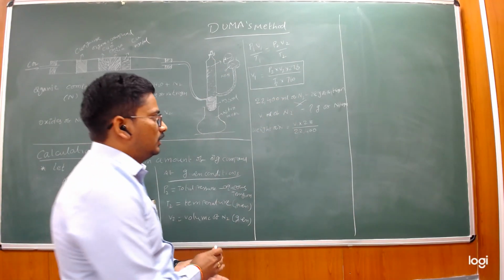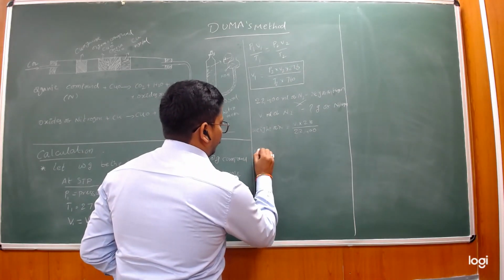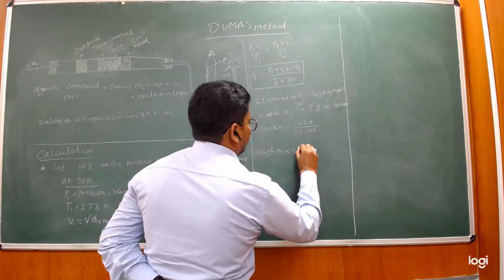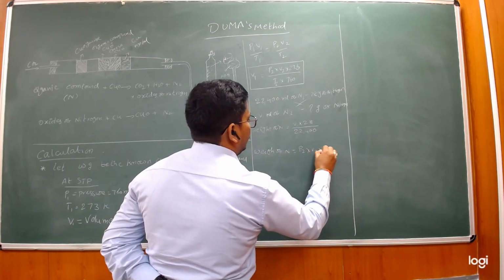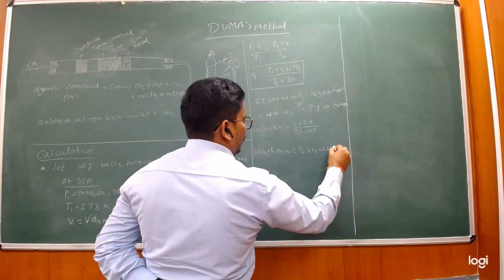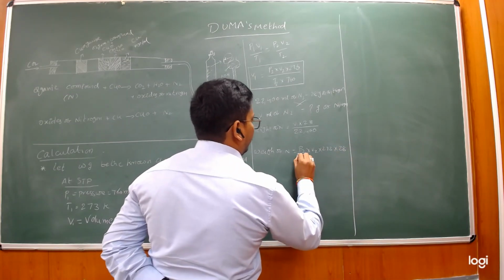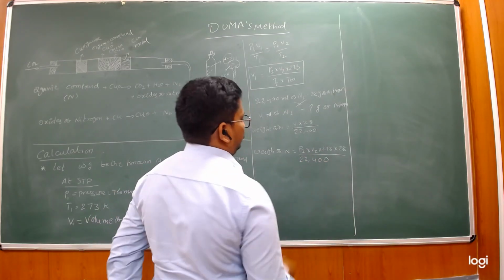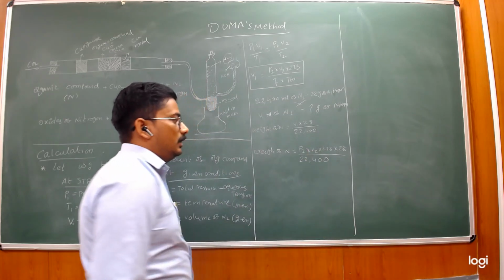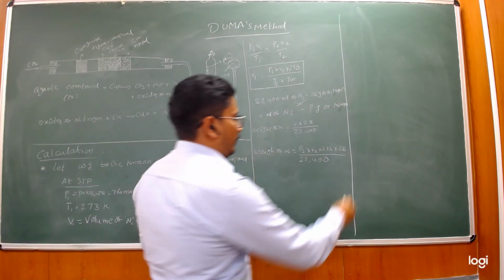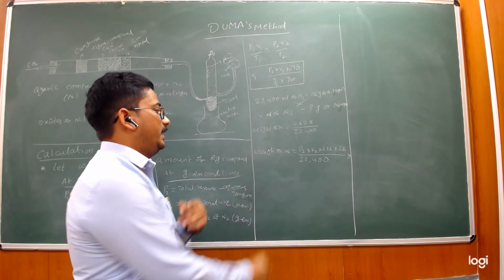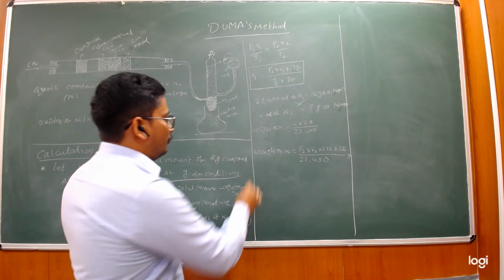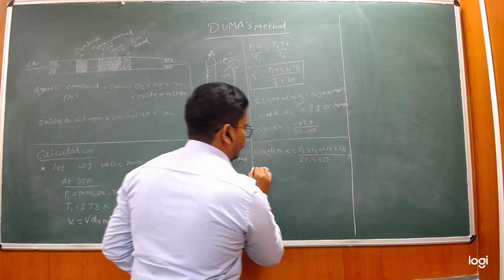So weight of nitrogen is equal to V1, which is P2 into V2 into 273 into 28 divided by 22,400. So grams of weight of nitrogen we can get through this experiment. This is the formula.